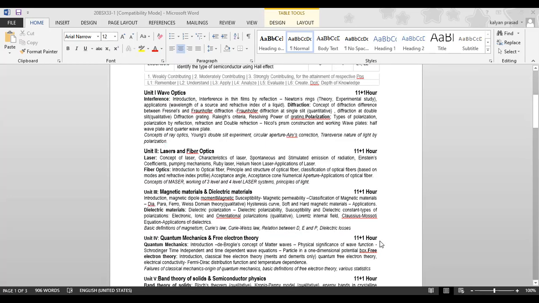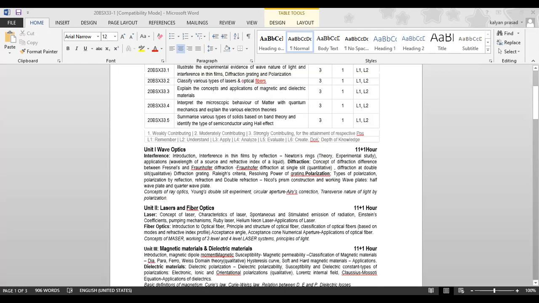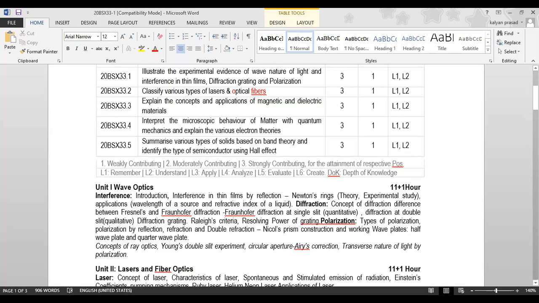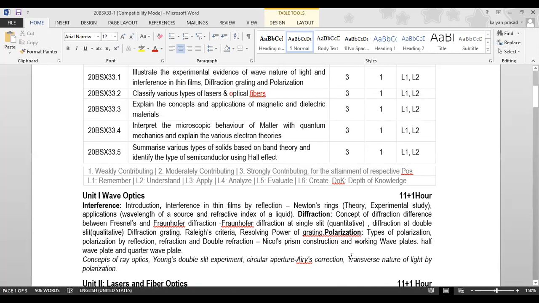So in that syllabus, you can see the interference is the first chapter of wave optics. So we will start with the interference.